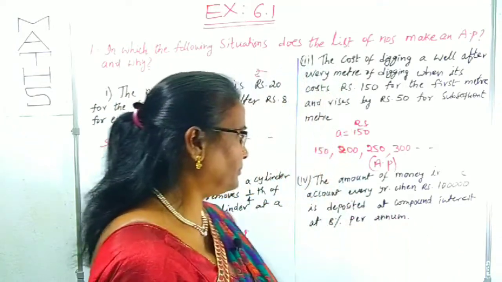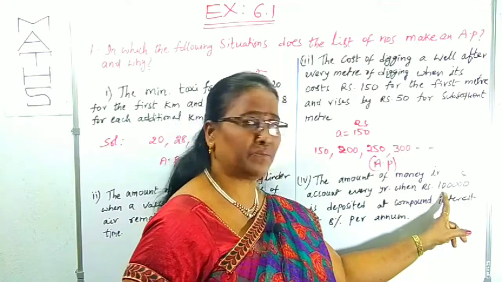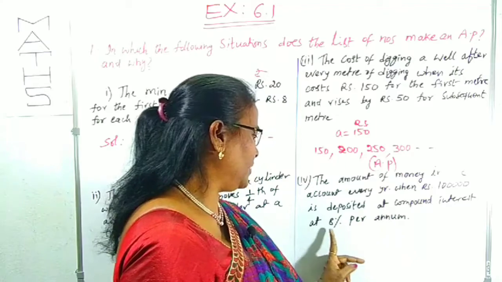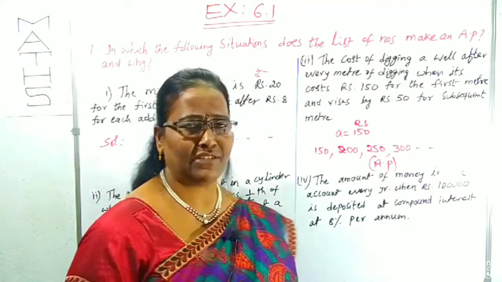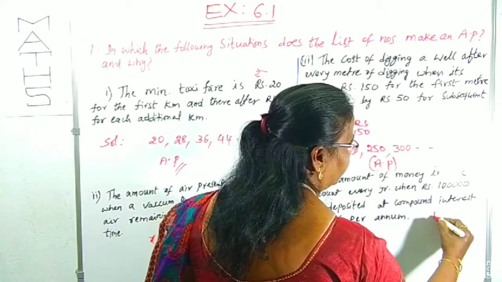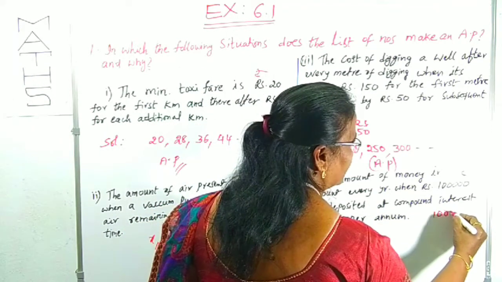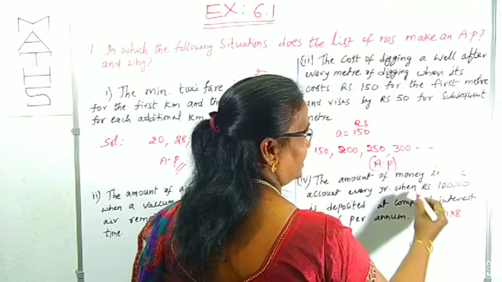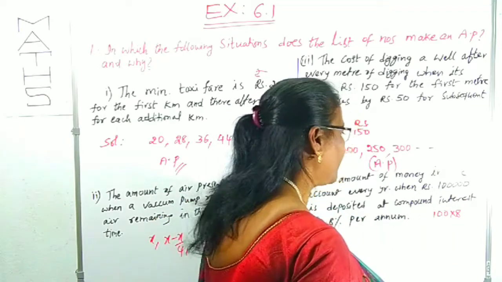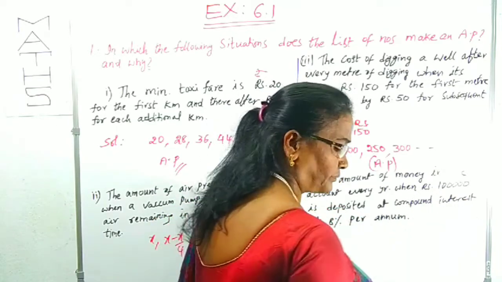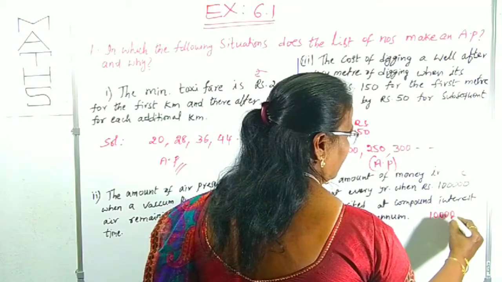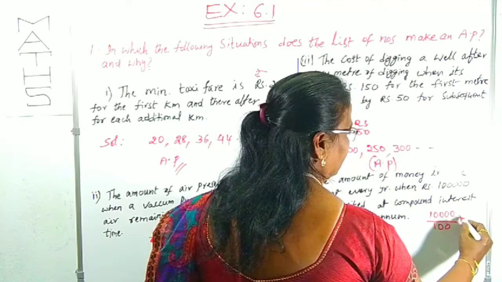For example, here how much amount is deposited? 1 lakh is deposited at compound interest of 8 per annum. 8% means per 100, 8 rupees. So for 1 lakh, you can calculate how many hundreds are there: 1 lakh by 100, into 8.